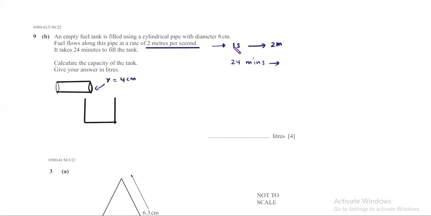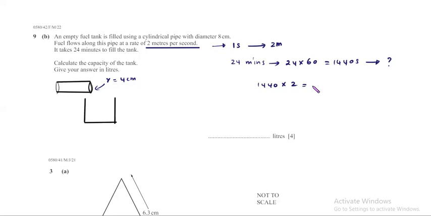So 24 minutes converted into seconds is 24 times 60, which gives me 1,440 seconds. Then, if in 1 second it is 2 meters, to find it for 1,440 seconds I need to multiply 1,440 by 2.